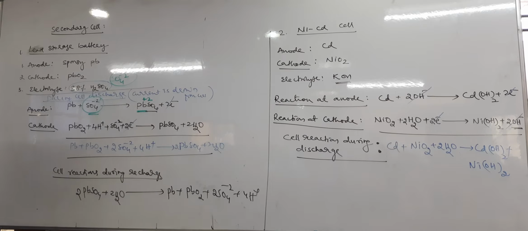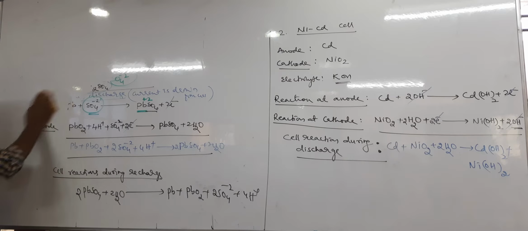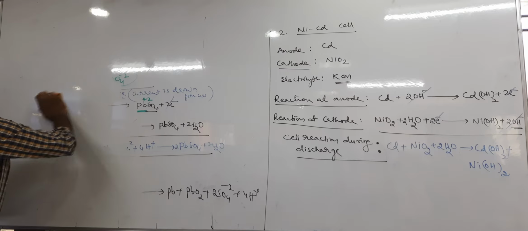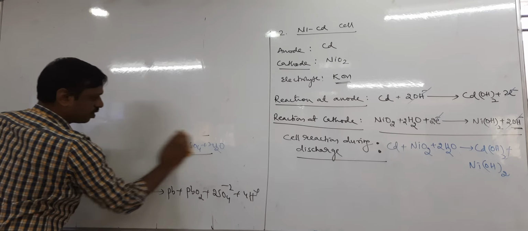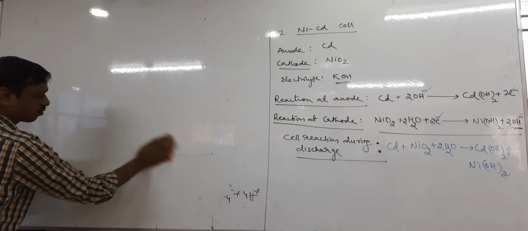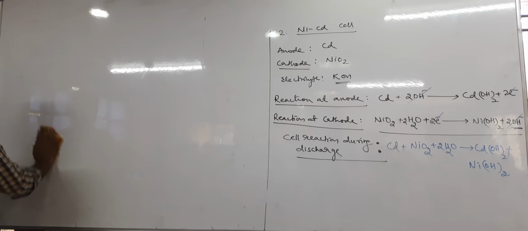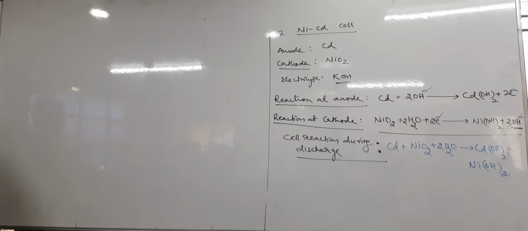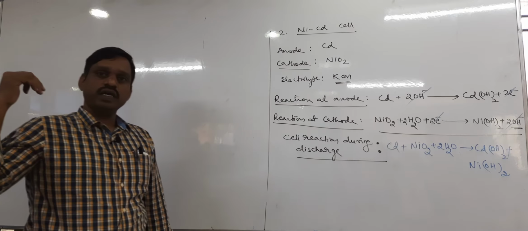Okay, tell me, what is the similarity between the lead storage battery and the nickel cadmium cell? See, the similarity is not exactly similarity, but the same kind of reaction is there.